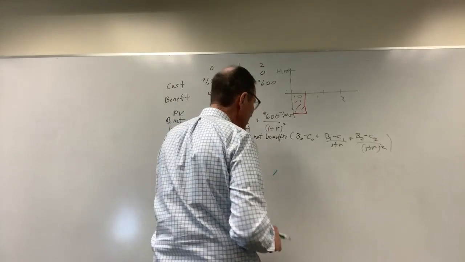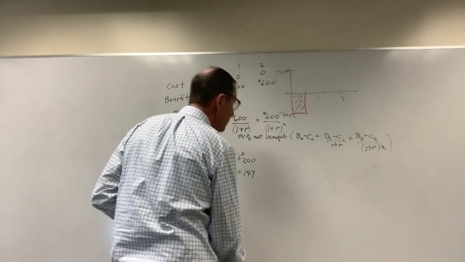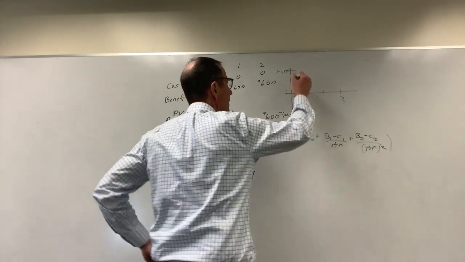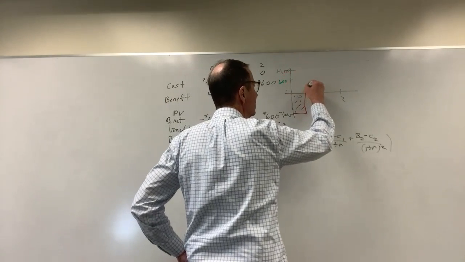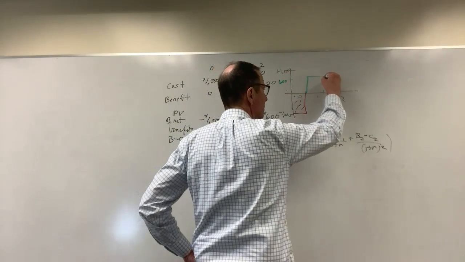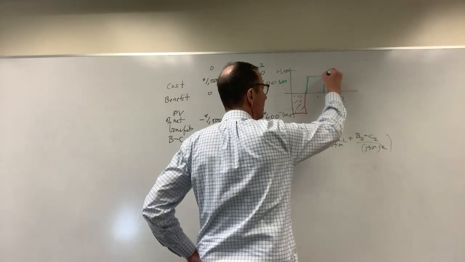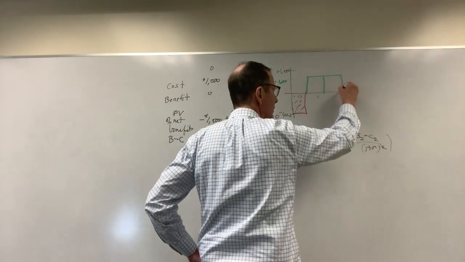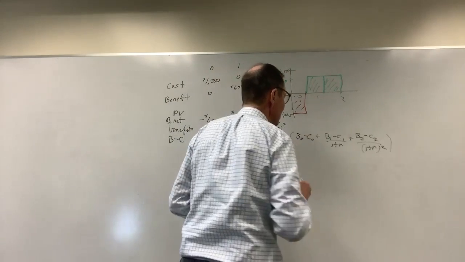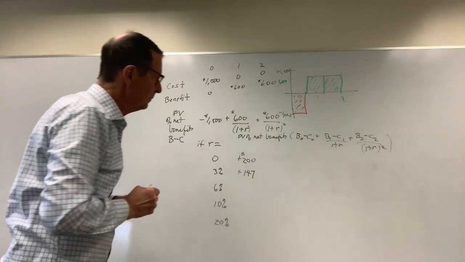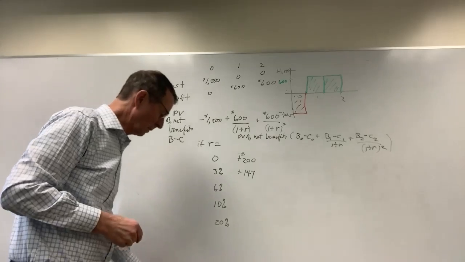Oh, I guess it does. All right. So $600. We're going to have a $600 benefit a year from now and a $600 benefit 2 years from now. And it will look like that if the interest rate is 0.